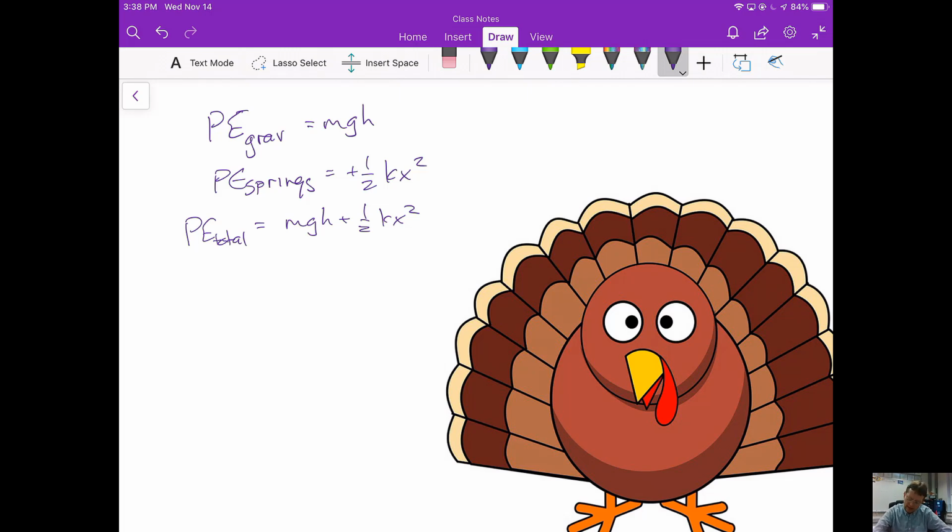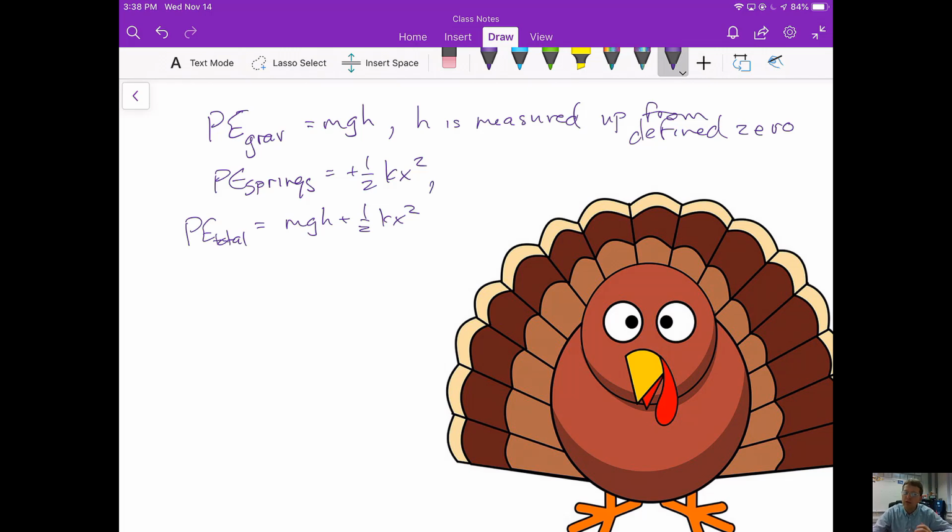I neglected to say where x is measured from, so let me write this down. h is measured up from the defined 0, where you define the 0. And for the potential energy due to springs, where's x measured from?